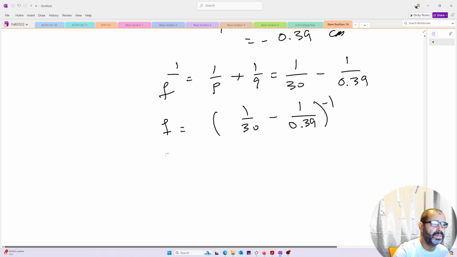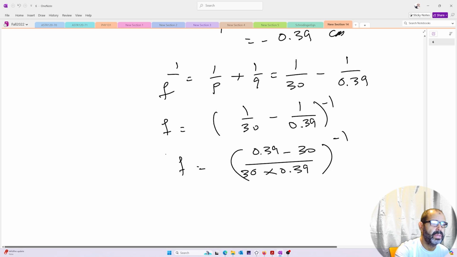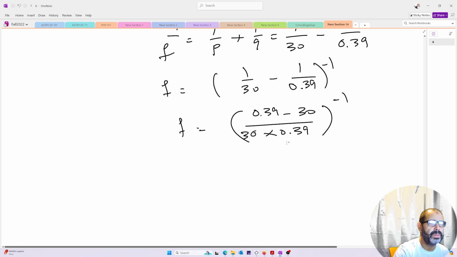Obviously, you can do the common denominator, and then you can do the algebra. Then in here it's going to be 0.39 minus 30, and you can clearly see that the numerator is roughly 30, it's 29 with the negative sign, of course. It doesn't matter.